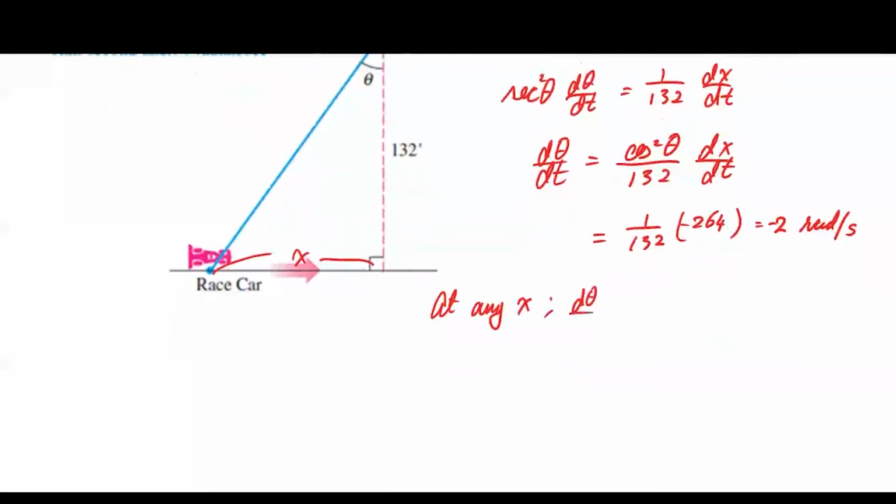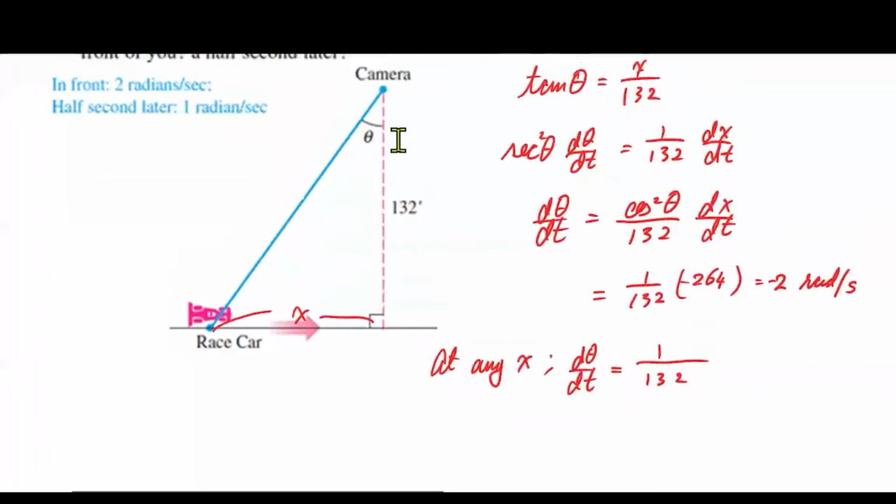Then it's just this. dθ/dt is equal to, all we have to do is just figure out what cosine is, right? And cosine is this side over that side. And this side happens to be the square root of x squared plus 132 squared. You know what I'm saying? Which actually, I hate numbers, so I'm going to call this s.